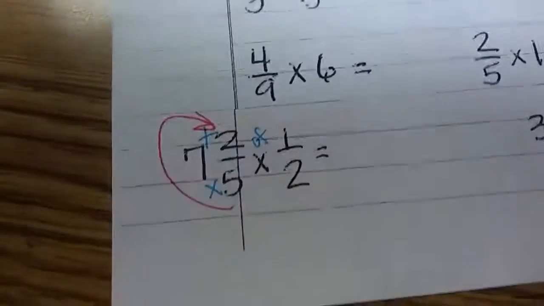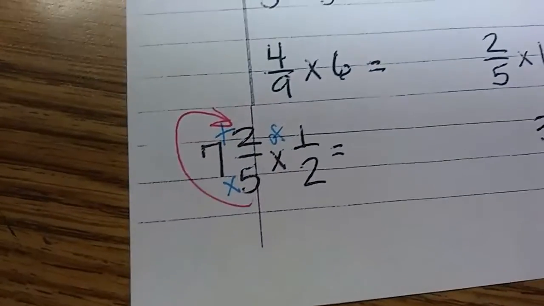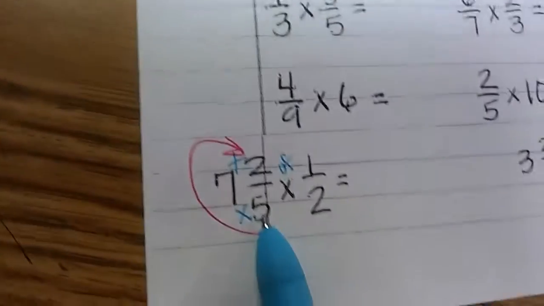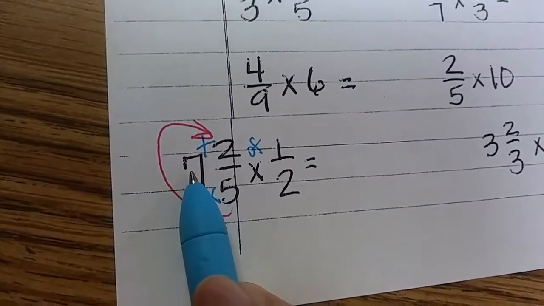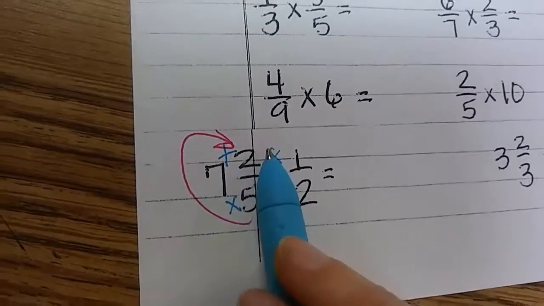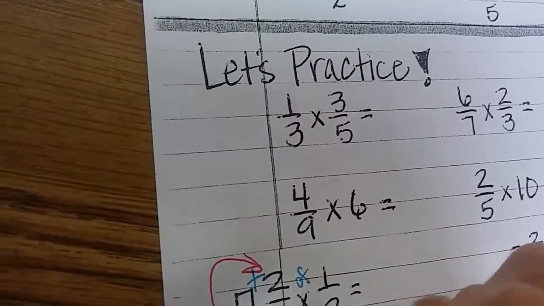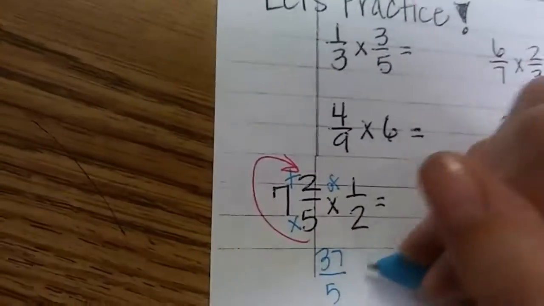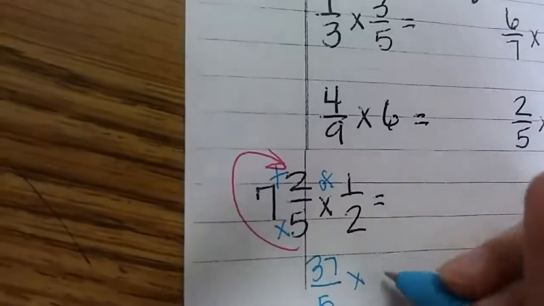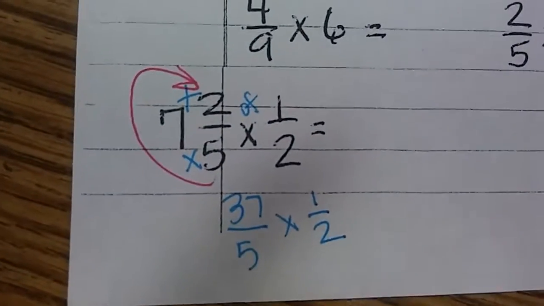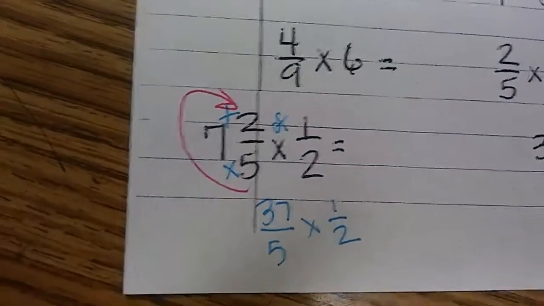Okay, I'm going to go around Texas to turn this into an improper fraction. So 5 times 7 is 35 plus 2 is 37. So that's going to give us 37 over 5. And then we get to keep our 1/2 because that's not an improper fraction, because the numerator is less than the denominator.